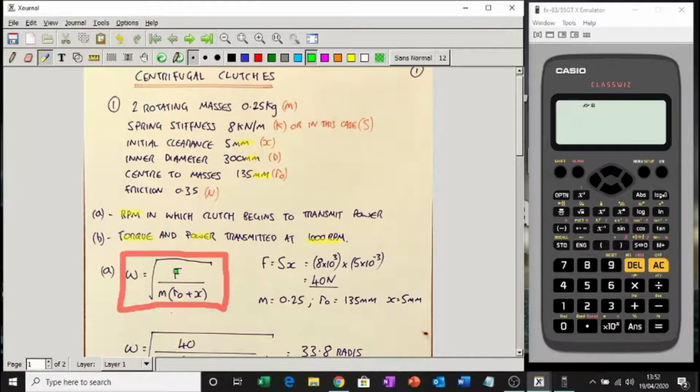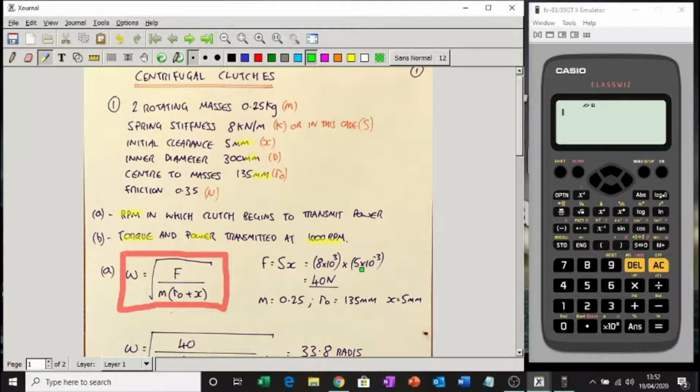F, we don't know F, but we can work out F from our formula. So F is going to be the spring stiffness, S, which is up here, times by X, which is the clearance, which is 5 mil. So S is 8 kilonewtons per meter, which is 8,000, times by the clearance, which is 5 mil.